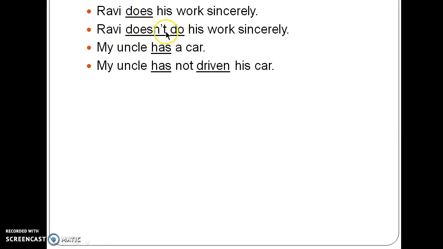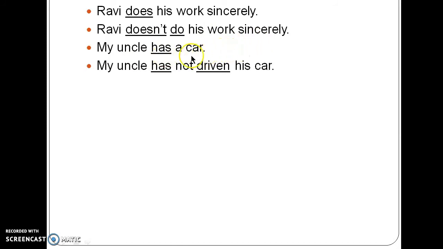Here the first do is helping the action verb do. Right? The next do is the action verb, and does is helping the action verb do to frame the negative sentence. We have added not with does. Alright, so doesn't do.